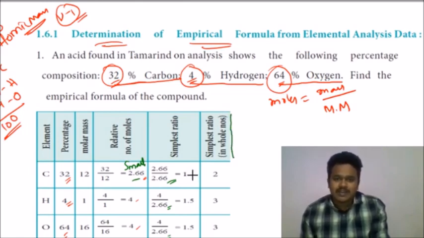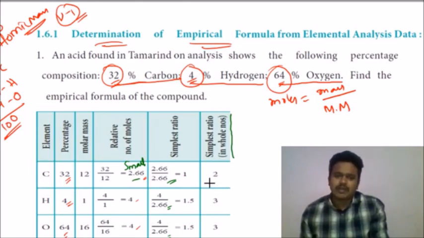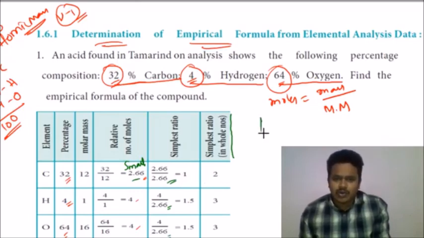First, what is the simplest number? 1. 1 into 1 is 1. 1.5 into 1 is again 1.5. The next number will be 2, or any other number you want. Even 1.2 or 1.3 you can multiply to get a whole number.